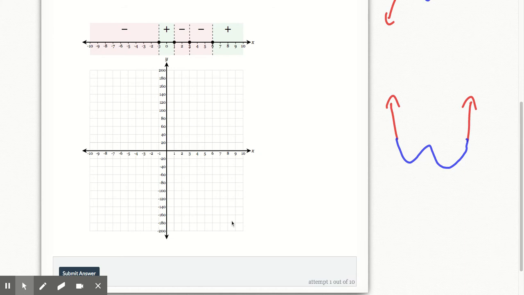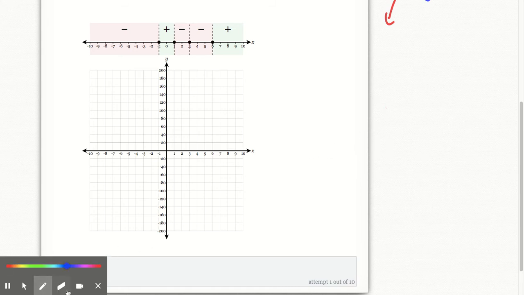Which means that if we want to visualize the picture, all we need to know is what's happening between those x-intercepts and outside of them. And when I say what's happening, what I really mean is whether the function is above or below the x-axis, right? That's really all that we want to find out. So if we know where the function touches the x-axis, and if we know where it is above or below the x-axis, right, between those points, we can get a pretty good idea of what the picture looks like.